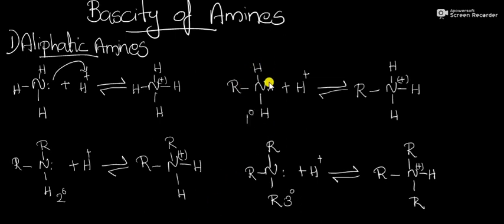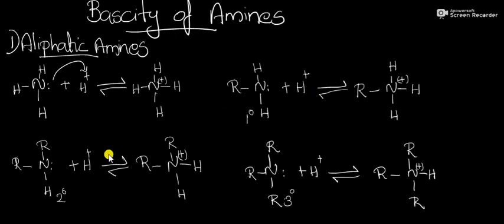And this is our primary amine, RNH2. When the lone pair of electrons present on nitrogen donates to the proton, it will convert into a protonated cation, that is RNH3+.